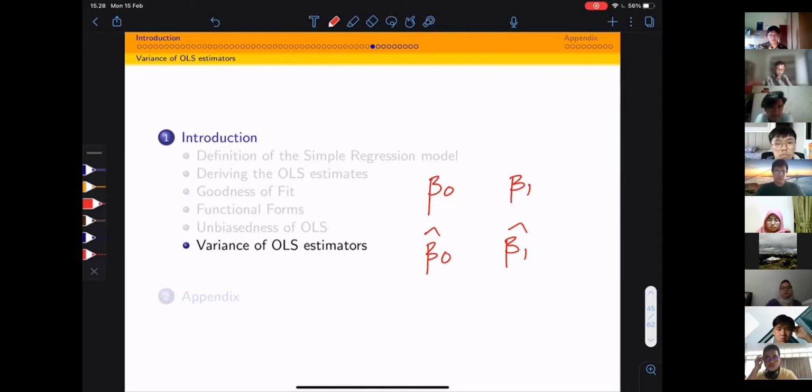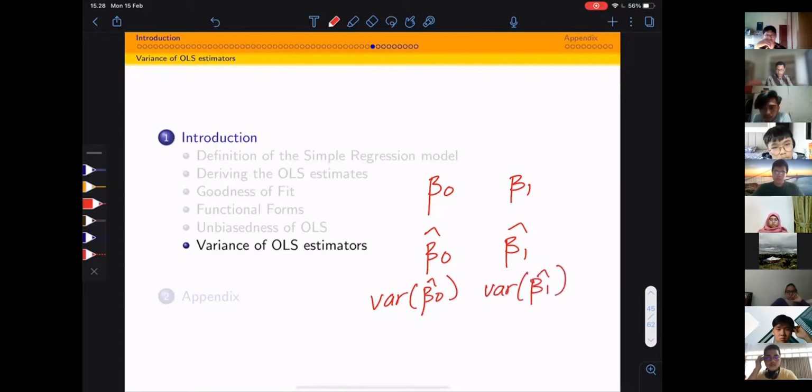Now, when we do estimation, not only do we care about beta 0 hat and beta 1 hat, but we also care about the variance of the estimators: the variance of beta 0 hat, and the variance of beta 1 hat.